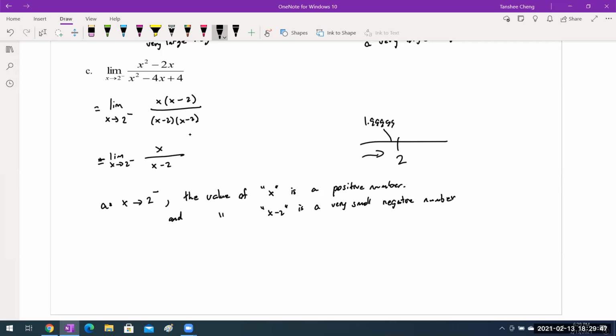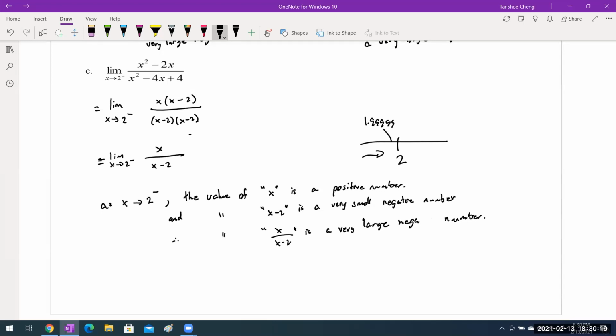Therefore, the value of x over x minus 2 is a positive number divided by a very small negative number, which will be a very large negative number.